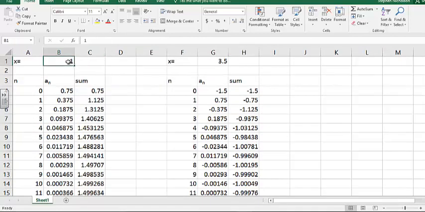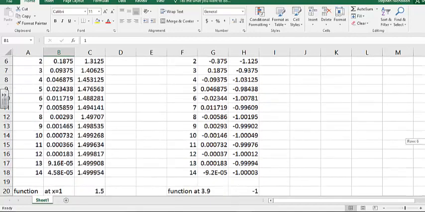So what I did was I evaluated the first series, the one on the front page, at x equals 1, which is within the interval of convergence. It goes from minus 2 to plus 2. So plus 1 works, and I can evaluate the function. I just plug x equals 1 into the equation, and I would get 1.5.